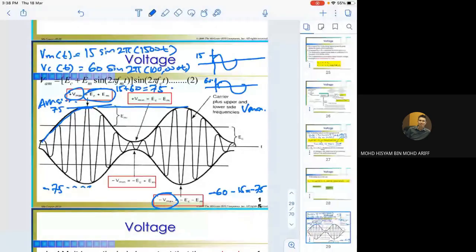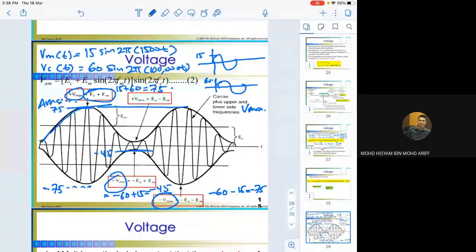Okay, here you get Vmin, negative Vmin. Negative Vmin equals negative Vc plus 15, negative 60 plus 15, so you get negative 45.